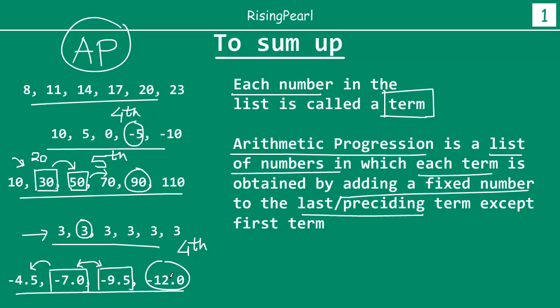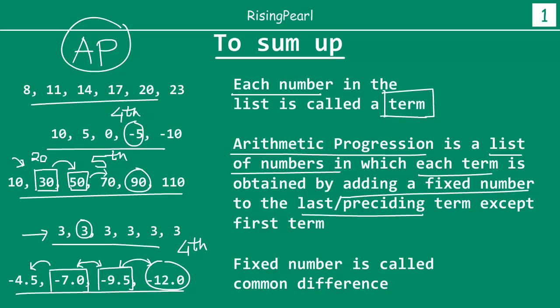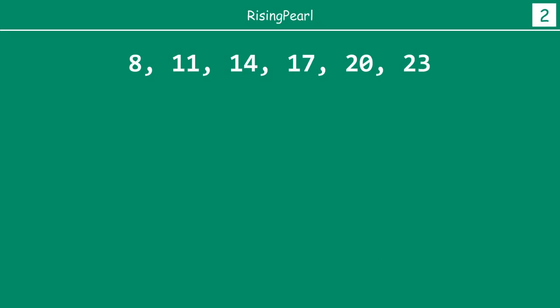That means if you start with the 4th term and subtract the 3rd term, you will get a difference. If you take the 3rd term and subtract the 2nd term from it, you will get a difference, and that difference will continue to be the same. And that is what we looked at. That difference is known as the common difference. So the fixed number is the common difference. These are things we looked at in the last webisode, which was the first webisode.